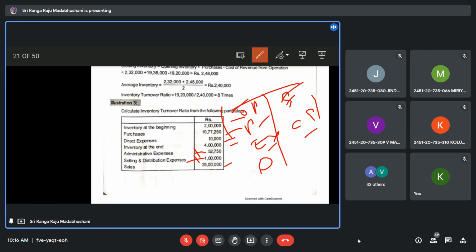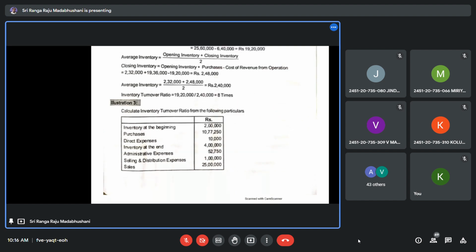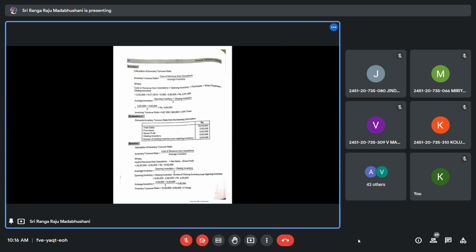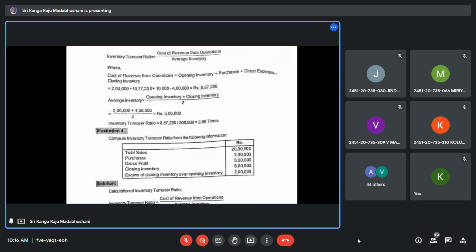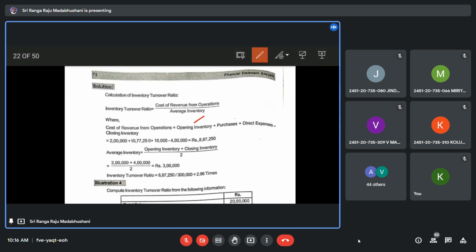Then you will get cost of goods sold or cost of revenue from operation. Sales minus gross profit, then cost of goods sold. Yes, cost of revenue from operation. So here opening inventory, purchases, direct expenses, closing inventory. Then we will get cost of revenue from operation.